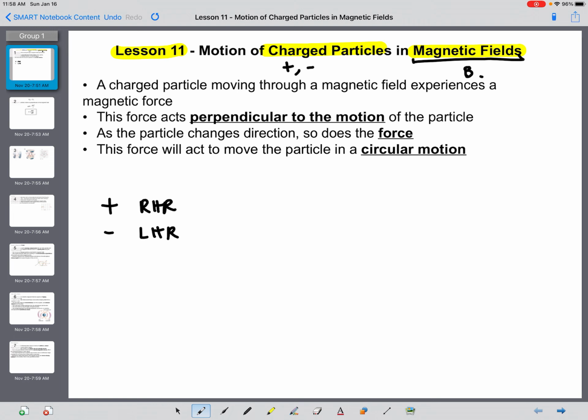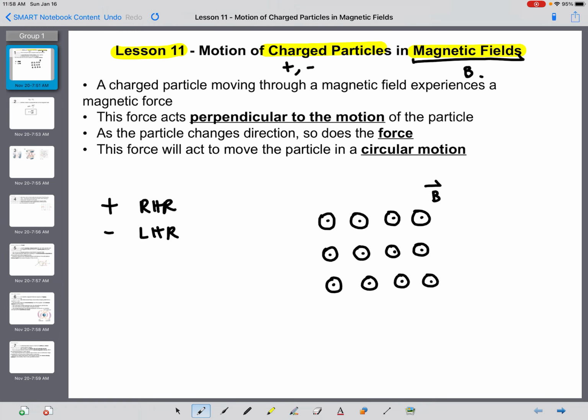So an example for that is, I don't know if you remember these dots and circles anymore. For example, if I tell you this is your magnetic field, if your paper is on your table, and I show you that these dots are the magnetic field, hopefully you remember that a circle with the dots means that the magnetic field is coming out of the page.